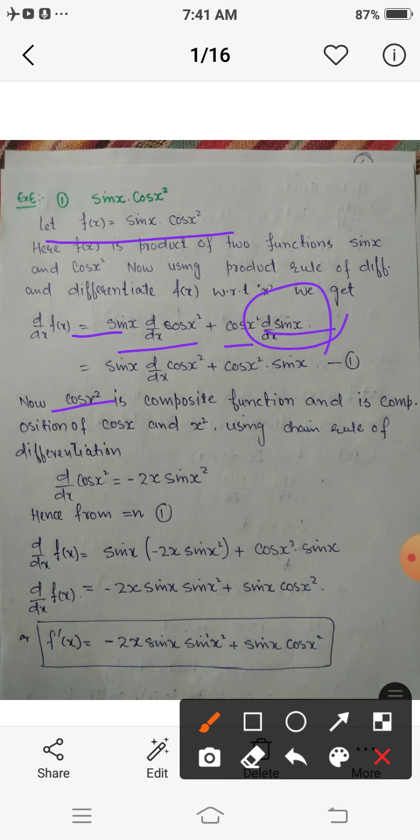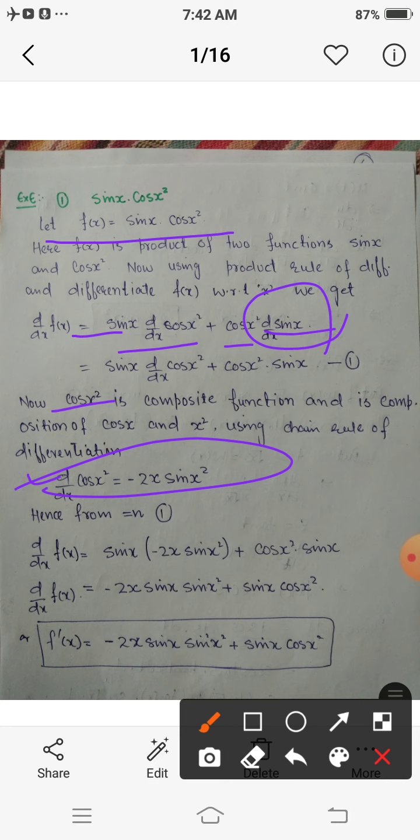So by using chain rule, the differentiation of cos x square is minus 2x sin x square, because if we put f1 of x equals cos x square, then this new function is the composition of cos x and x square. So using chain rule, you can simply find its derivative as minus 2x sin x square.